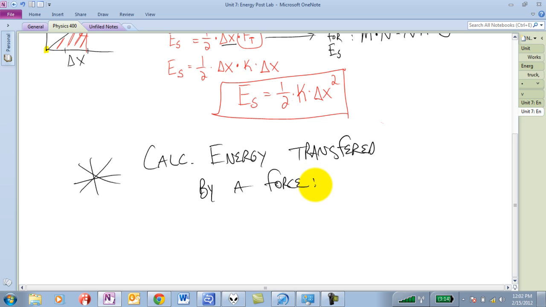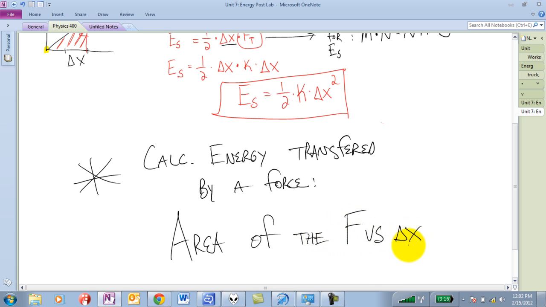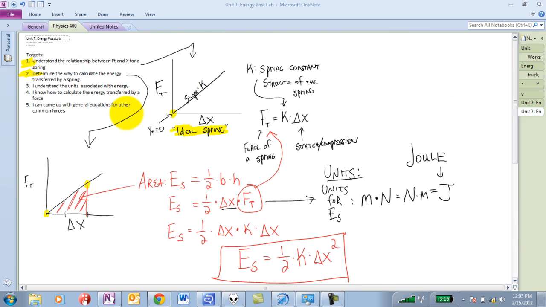In order to do this, we take the area of the force versus delta X graph. The moment you do this, you have your energy transferred by that specific force. So as you can see, we knocked out those 4 targets up here, the main ideas, 1, 2, 3, 4.